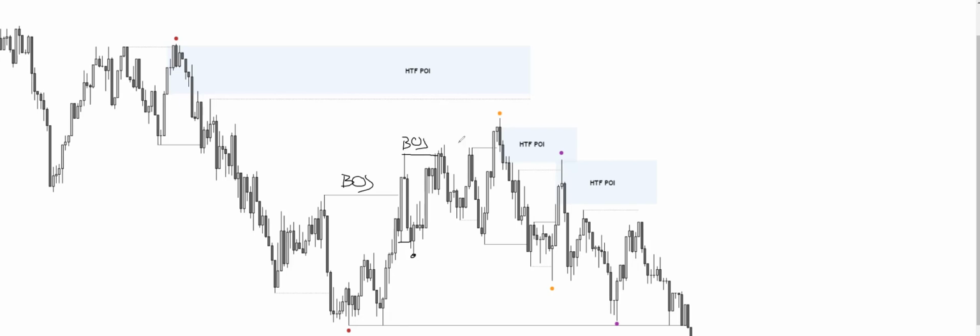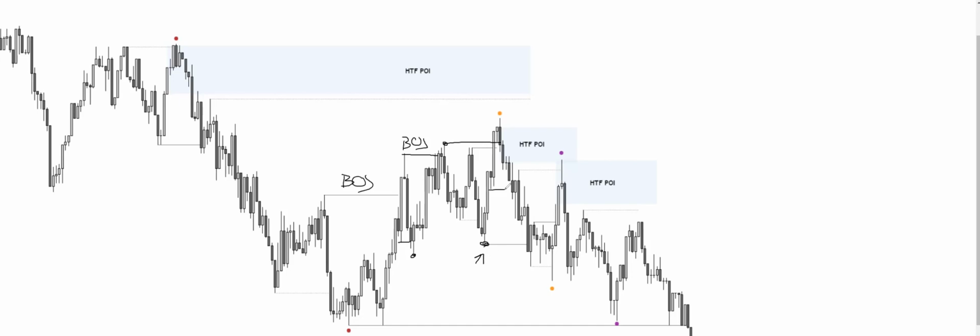Price broke structure again after getting another range cycle, took out all of these equal lows feeding into this unmitigated wick, and broke structure again. So if we are bullish, this low should hold. There is no reason that this low will get taken.